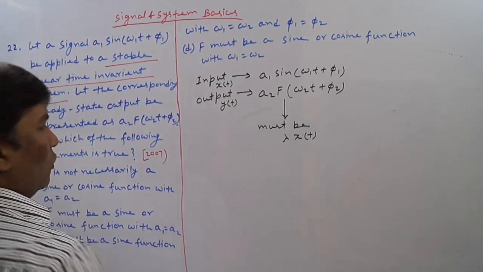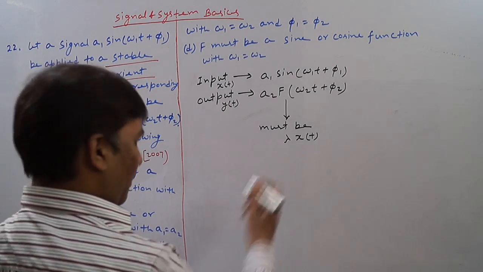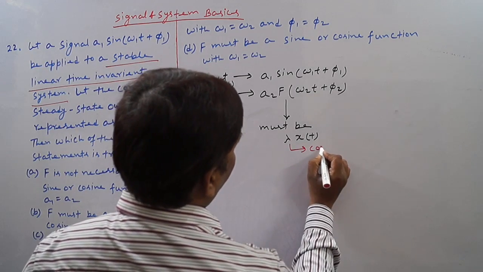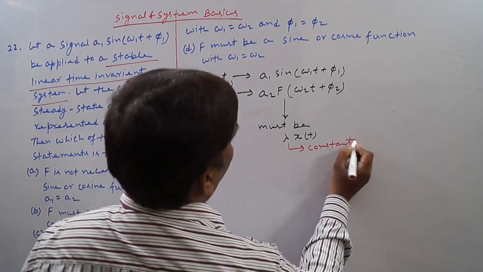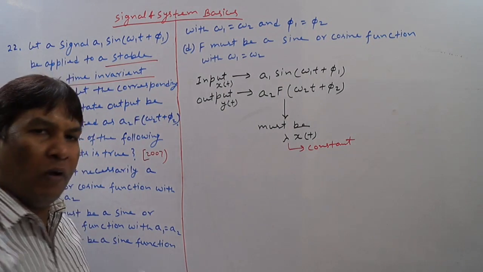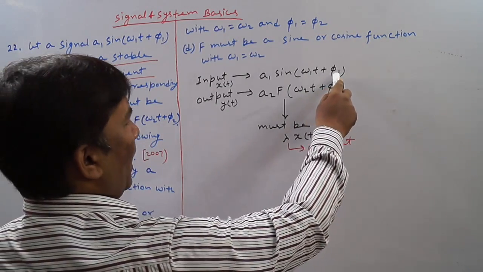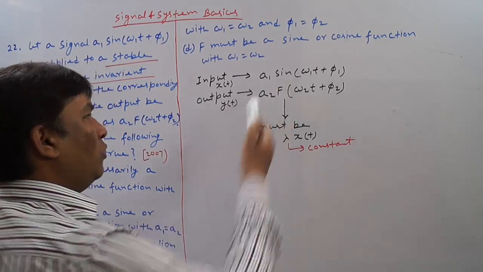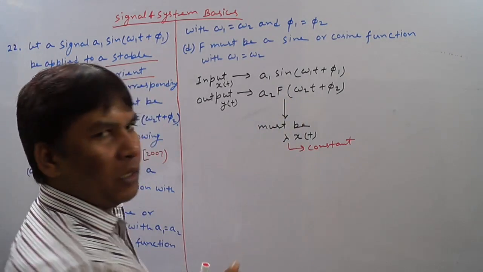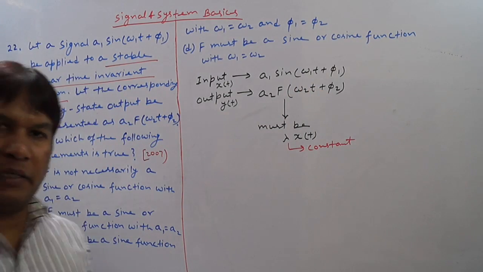So the output y(t) must be lambda multiplied by x(t), where lambda is some constant. And this is only possible because phi 1, phi 2, A1, A2, these all are constants. So we don't have to bother about them. We have to bother only about omega 1 and omega 2, since these are variables.